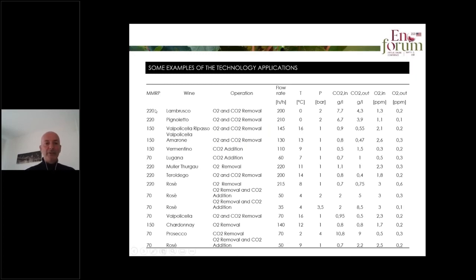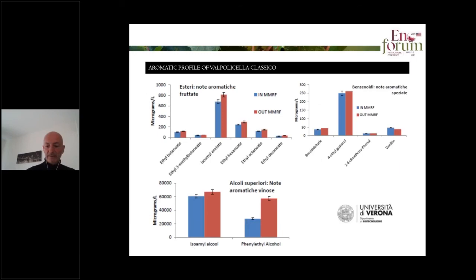Now, I'm not going to go through all the applications, but I just wanted to mention, for example, the first one, the management of gases. All these tests were conducted in Italy. For Lambrusco, they did the removal of oxygen and CO2. All the results are reported here, but it's a long slide and time is finishing up.